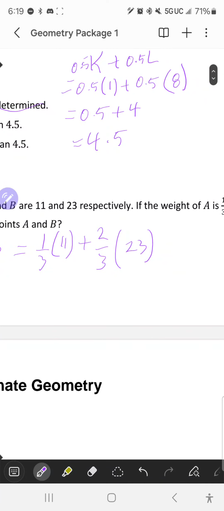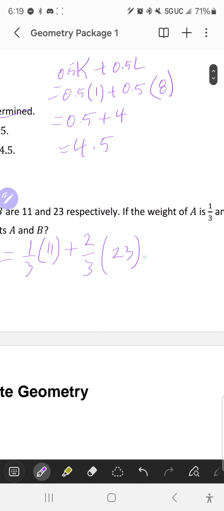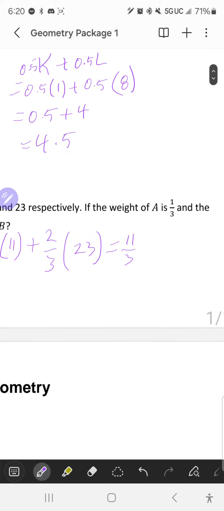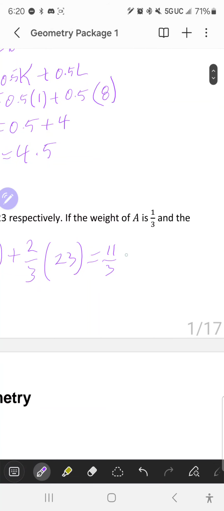Now we have this, we just continue our calculation. So 1 times 11 is 11, 3 times 1 is 3, so 11 over 3. 2 times 23 is 46, 3 times 1 is 3, so we have 46 over 3.